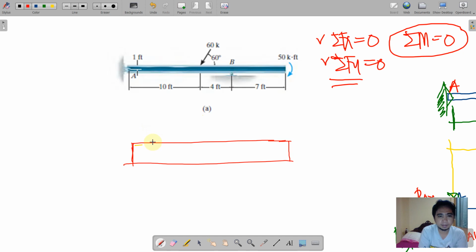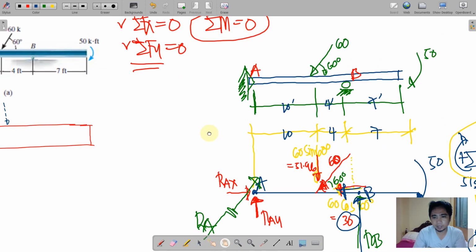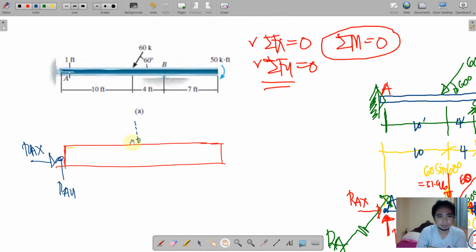Okay? So just the same, meron tayo ditong RAY, and meron tayo ditong RAX. Siguro ilagay na natin yung component dito, no? So what is this 60 component vertical? A while ago, we have derived that to be 51.96.